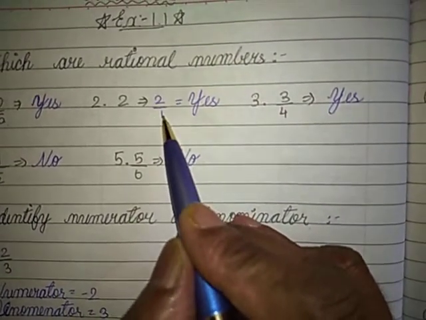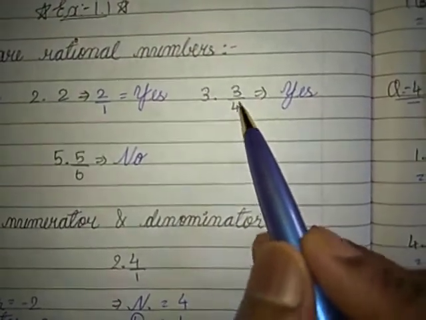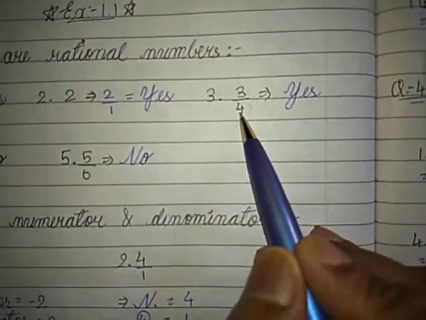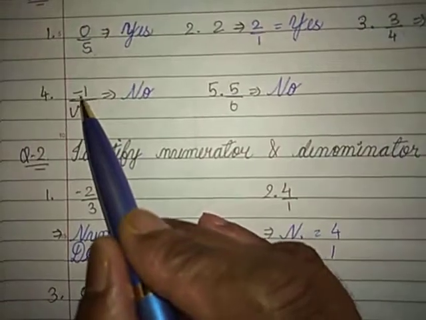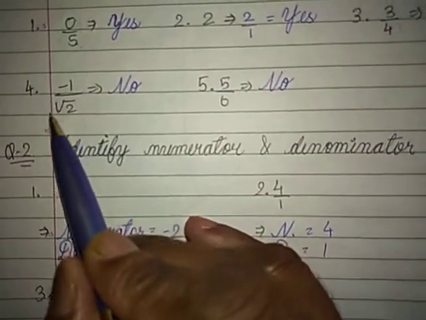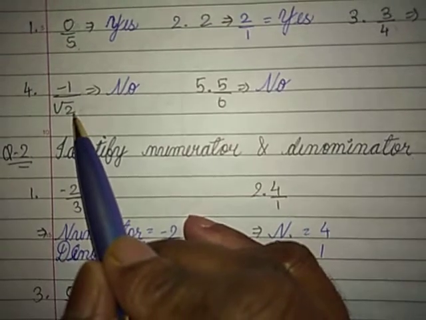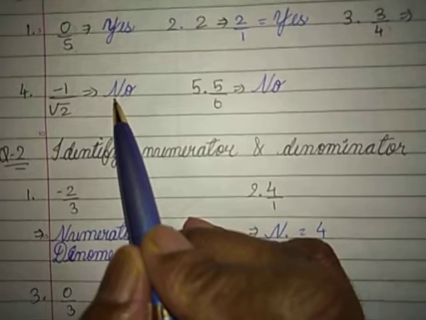The denominator is 1, so it is a rational number. 3 upon 4. What is the denominator? 4. Yes. So 3 upon 4 is also a rational number. Minus 1 upon root 2. Root 2 is what? It is not a rational number. It is an irrational number, and therefore minus 1 upon root 2 is not a rational number.